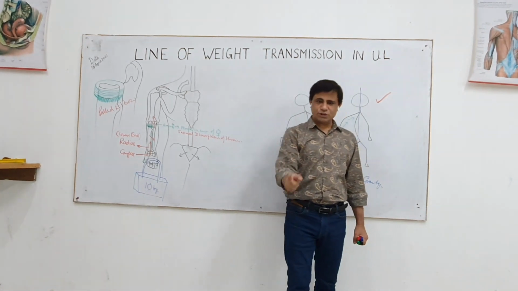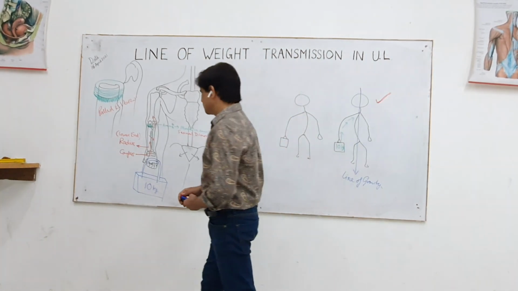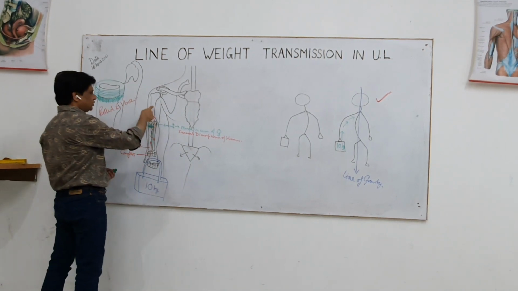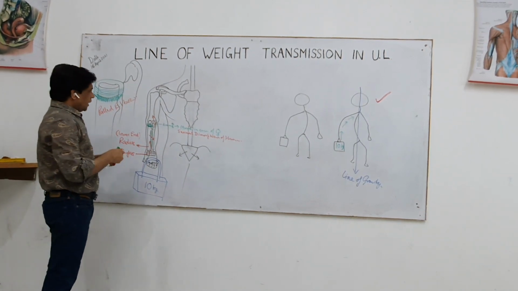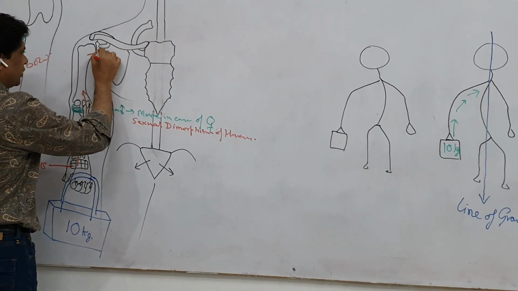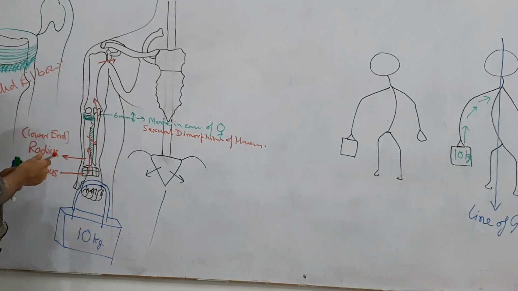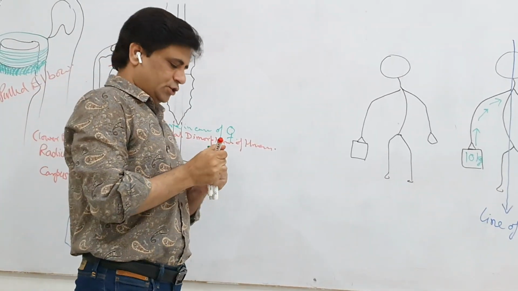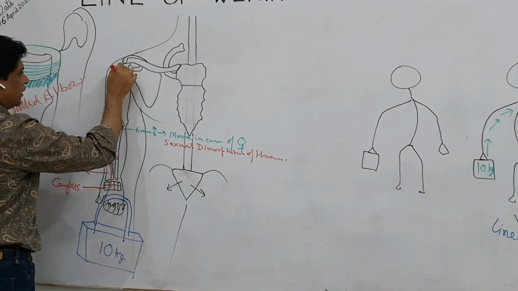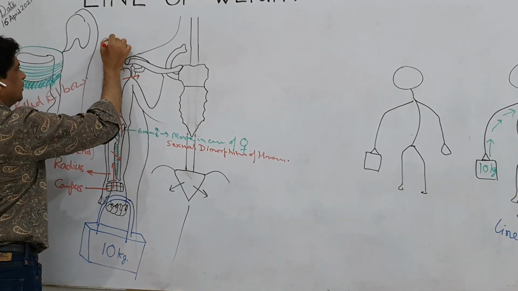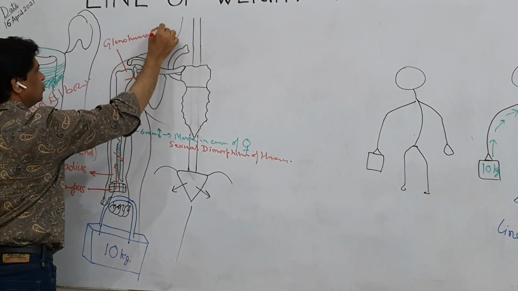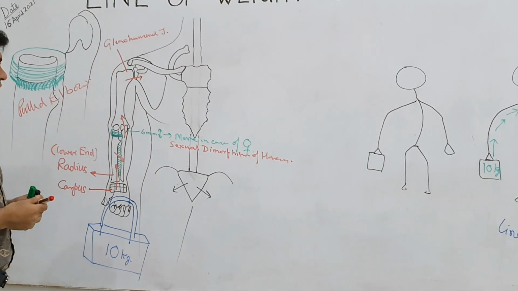But in an extended position, this joint is a very stable joint. So now this weight will be shared from ulna to humerus. Then this weight from the humerus will be shared to the scapula through this joint, the glenohumeral joint, a ball and socket joint.